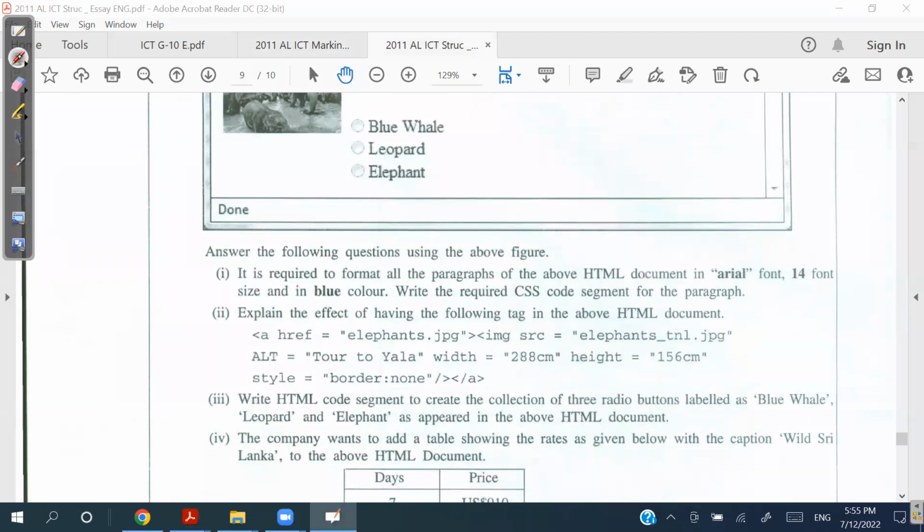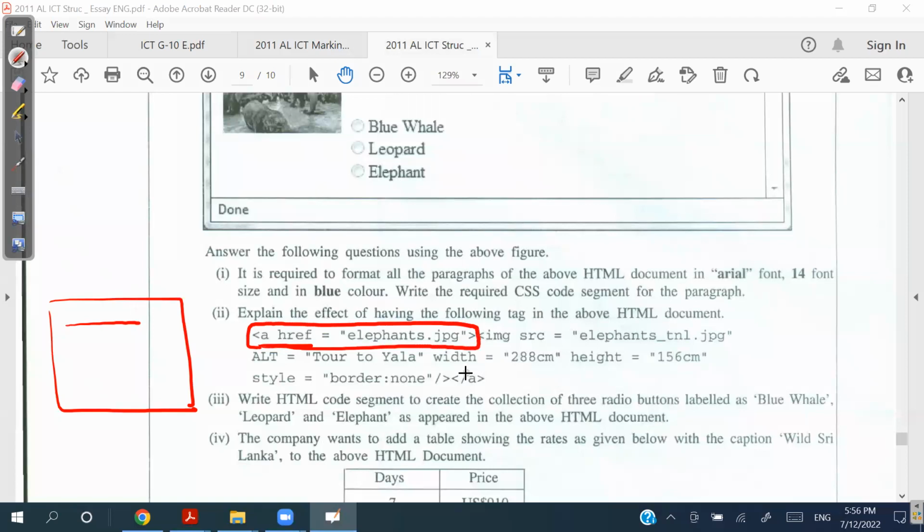So the first thing that you have to understand is a href will create a link on the web page, and this is the starting tag of the anchor, this is the ending tag of that anchor.